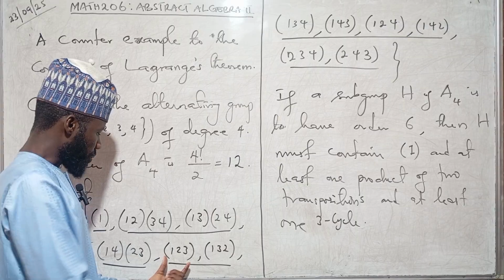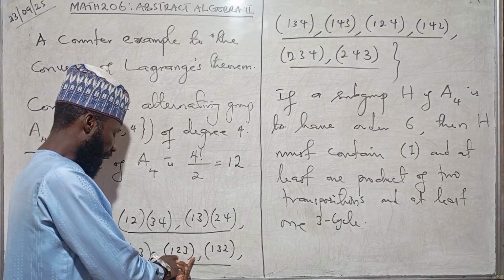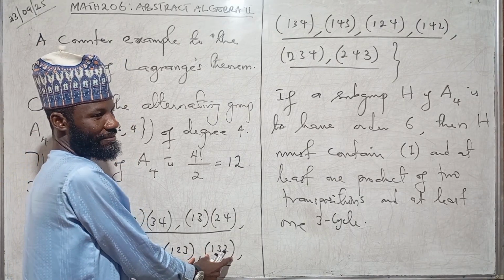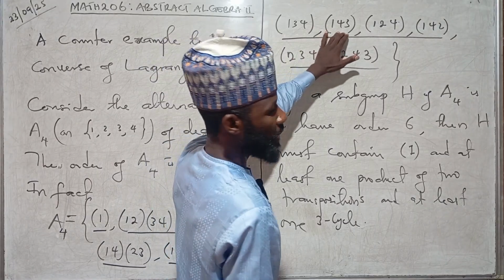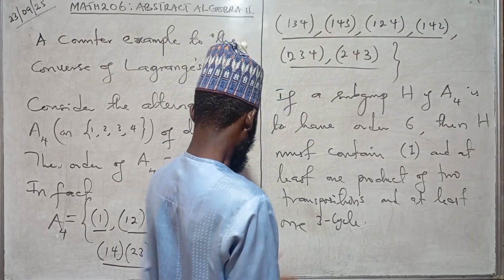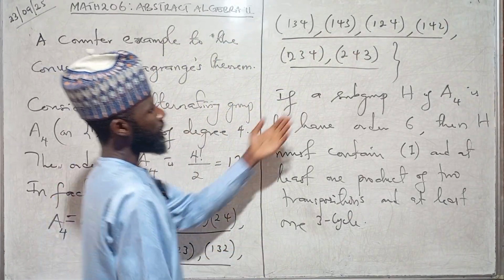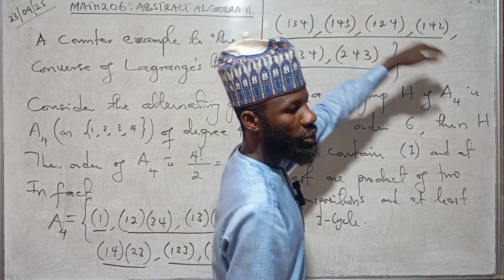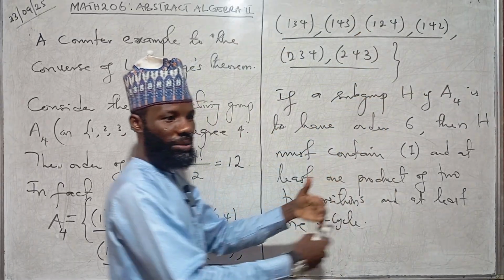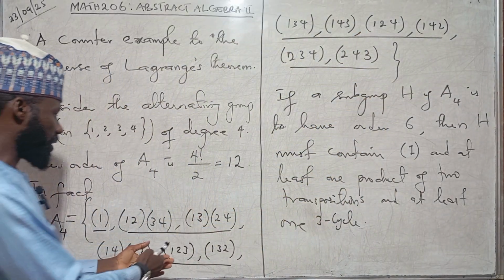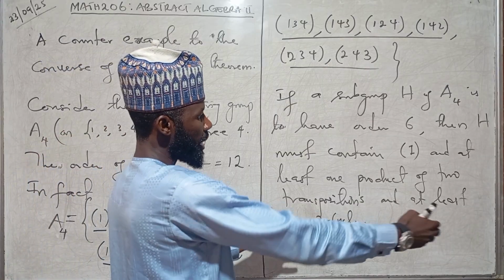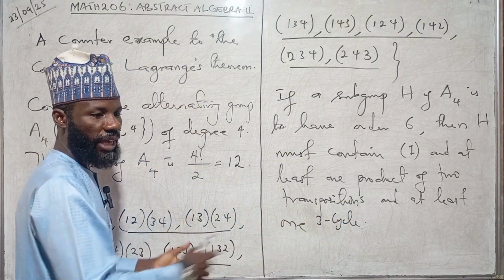Are you following? So if I pick any one, I must pick its inverse. And if you pick this, you also must pick its inverse. That is 4 so far. And then if you pick the last one, you also must take its inverse. And that will be up to 6. So they are coming in pairs, so they cannot account for the remaining odd number, 5 elements.